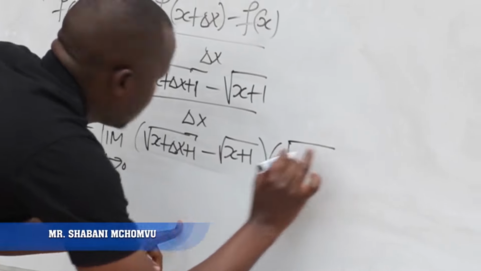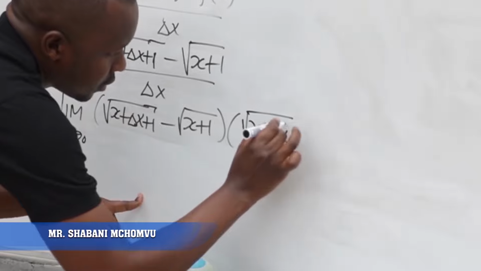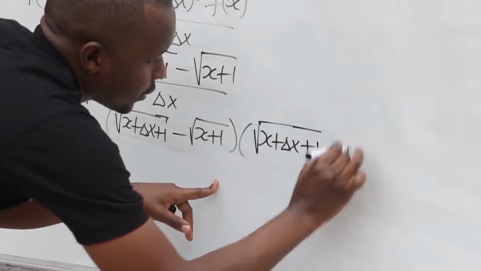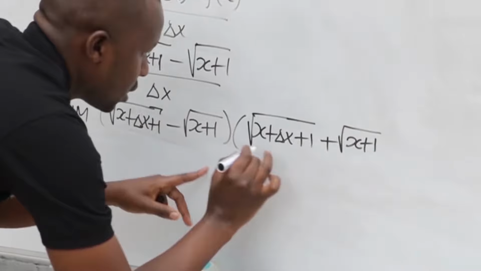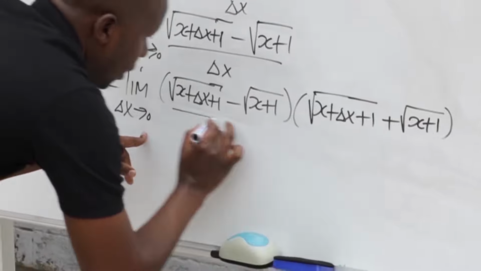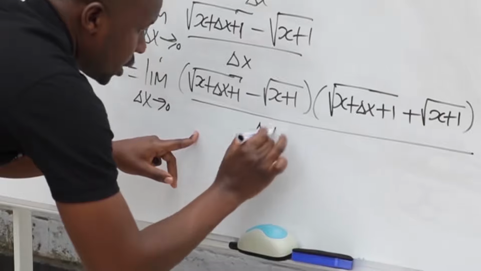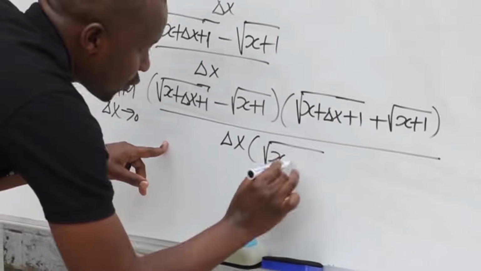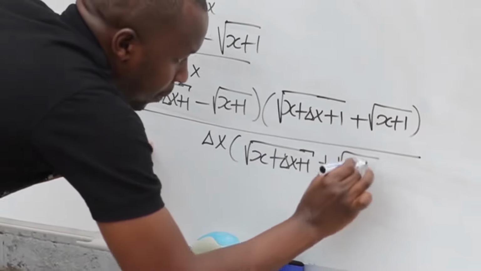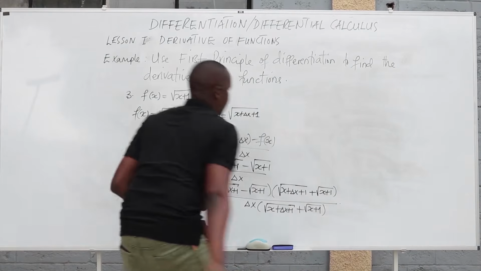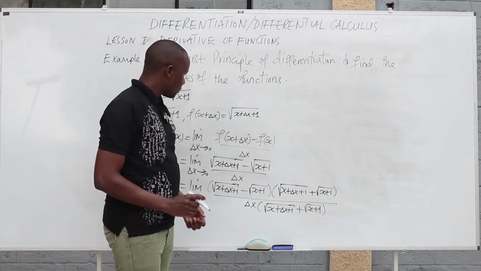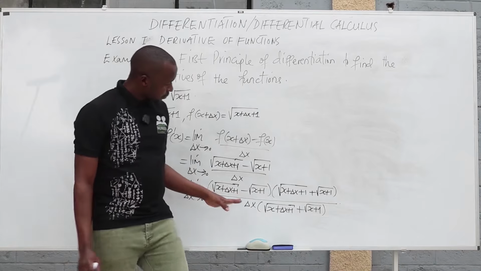So it will be the radical of x plus change in x plus 1, plus the radical of x plus 1. Now over change in x, we multiply by the same rationalizing factor. So from there, we can find a way of simplifying.